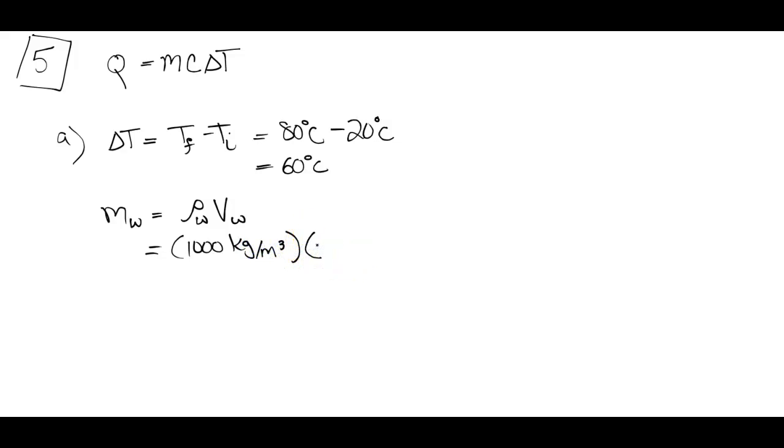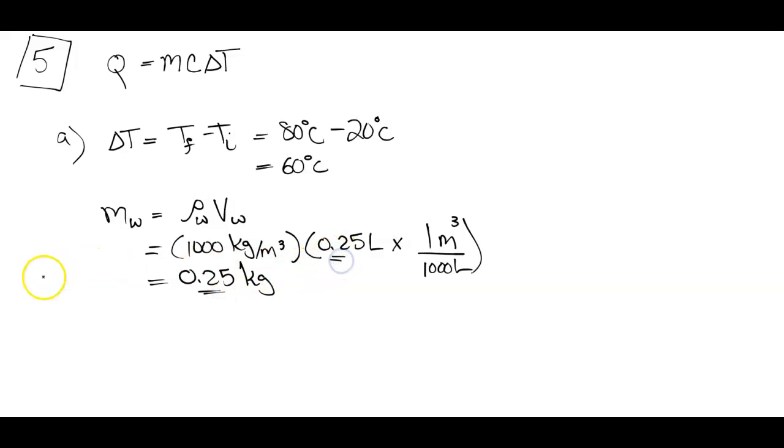And the volume is given to us as 0.25 liters, and then 1 meters cubed is the same as 1,000 liters. So this tells us that we have about 0.25 kilograms. Notice the connection. This is only for water.